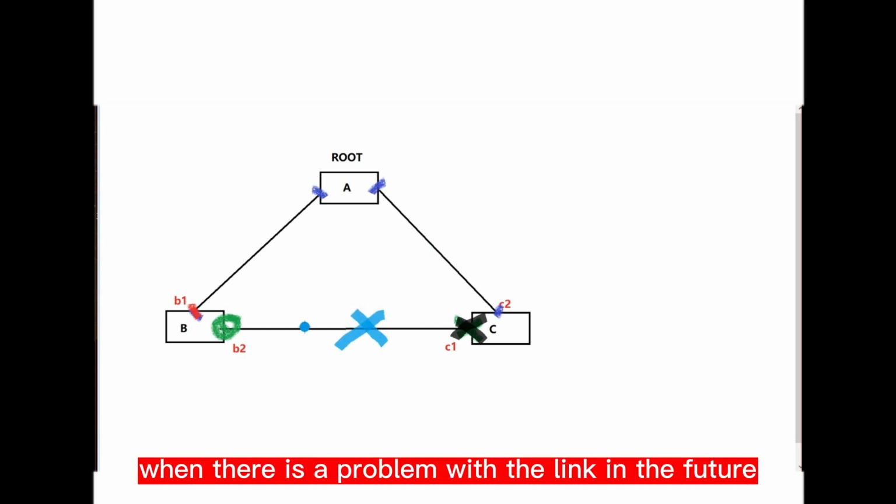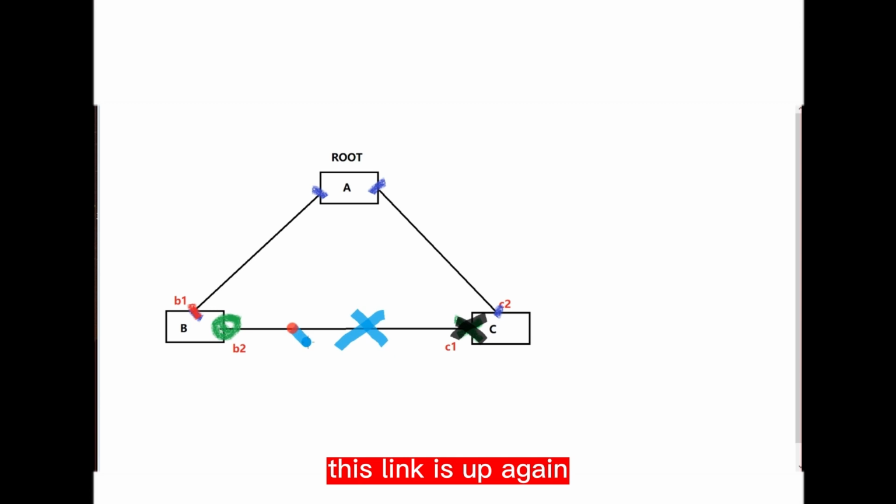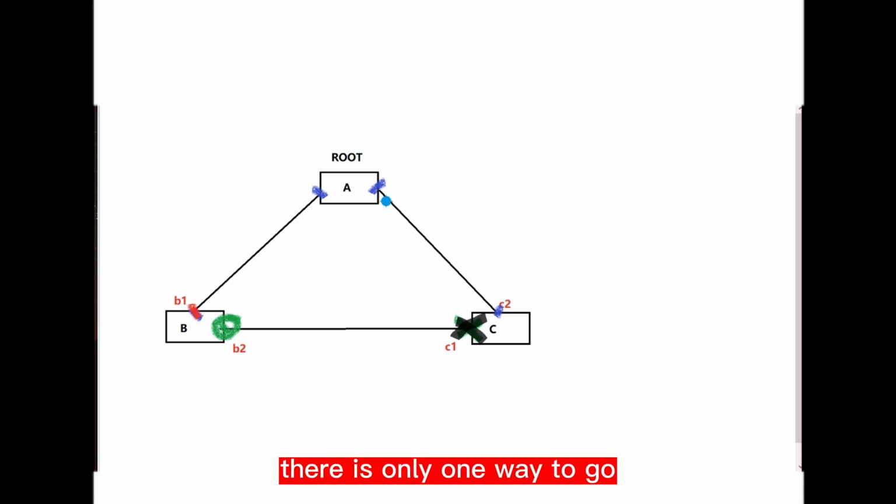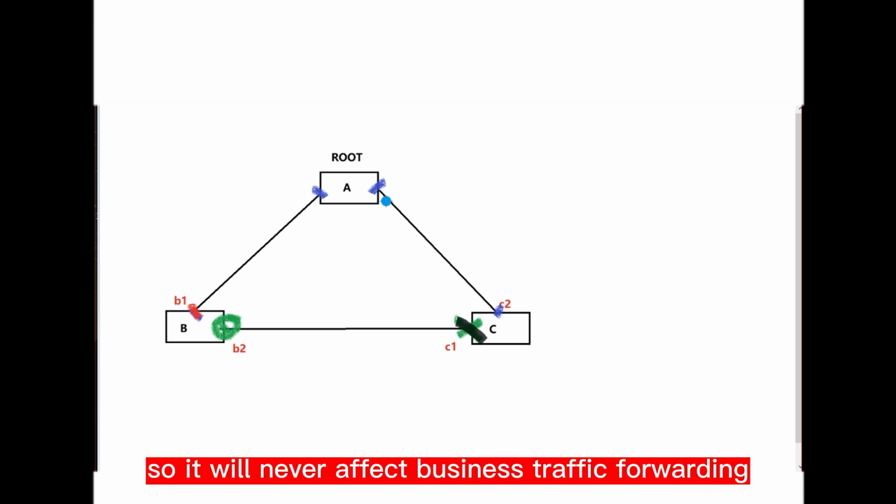When there is a problem with the link in the future, this link comes up again. It is guaranteed that a device reaches each node with only one way to go, so it will never affect business traffic forwarding.